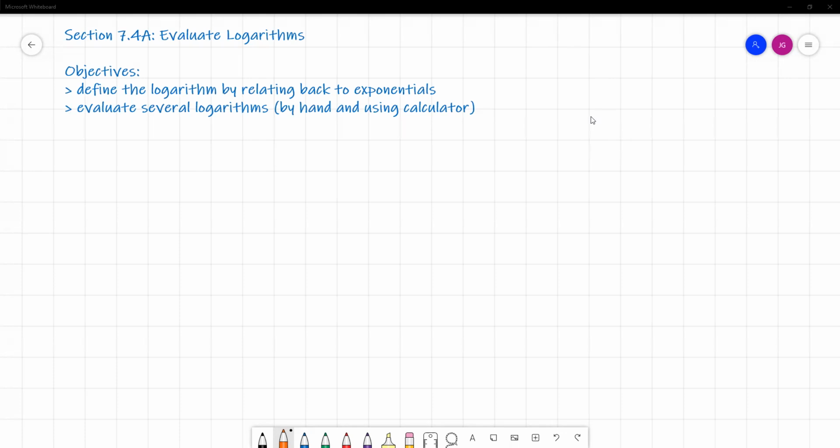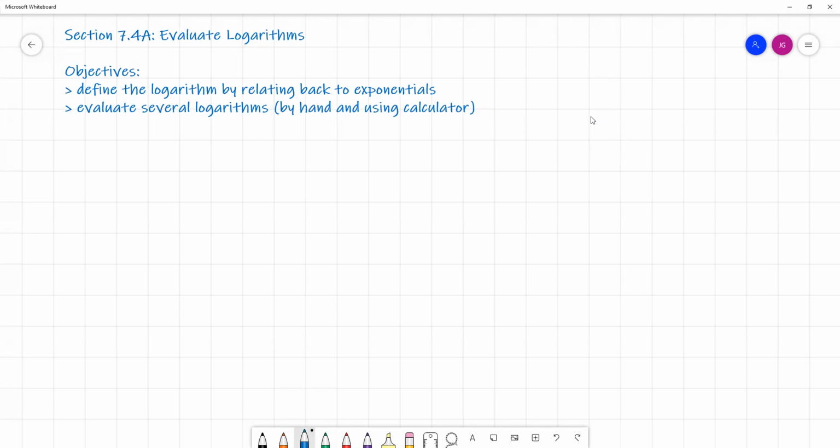Before we can talk about logarithms, let's take a little blast from the past. You're used to me asking you things like, what is 2 to the third power? What is the answer to that? What about 36 to the 1/2?